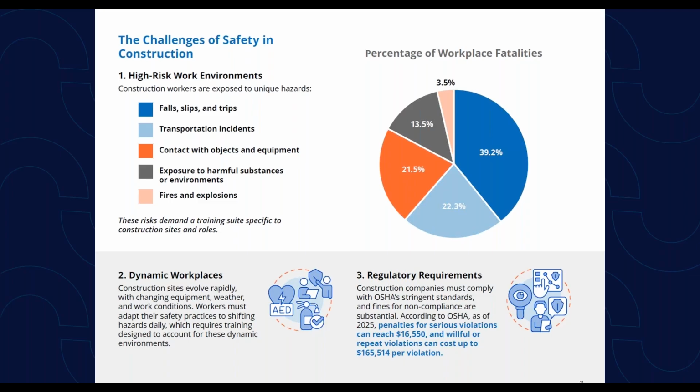Between transportation and contact with objects and energized objects, that's about 50% of the pie right there. We're really seeing trends: over 75% of everything in this pie has to do with just the mechanical nature of being out in the open.